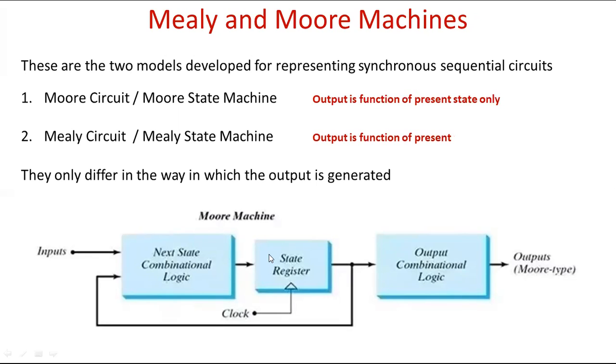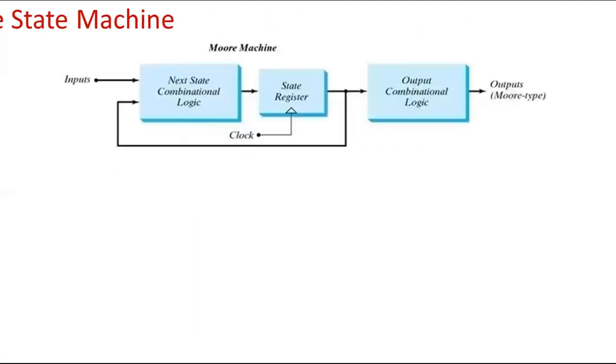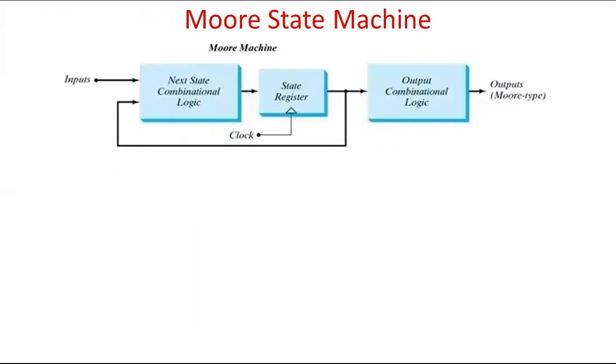Whereas in the case of the Mealy circuit, the output is a function of the present state as well as the input. So this is the main difference between the Mealy machine and the Moore machine. Now let us first discuss the Moore state machine. In the block diagram of a sequential circuit, this is called a combinational logic, the next state combinational logic.